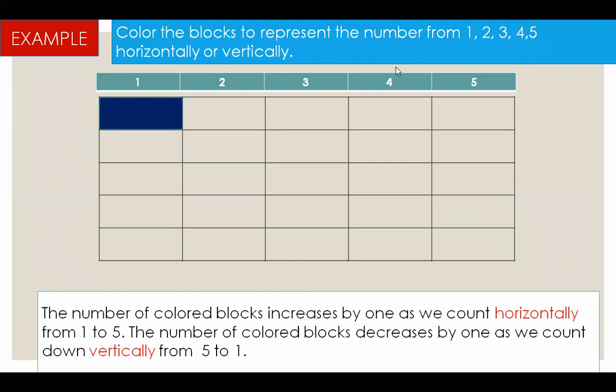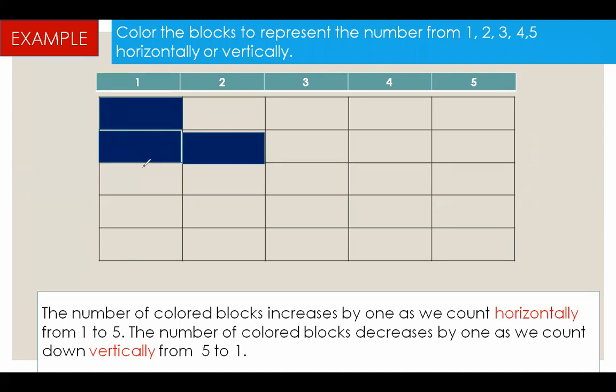This is 1. Let's start with number 1. Again, we have to color 1, 2, 3, 4, 5. Now let's color 2 blocks. This is 1, so it's only 1. And then next we will color 1 and 2, so now we have 2 blocks. How about 3 blocks?